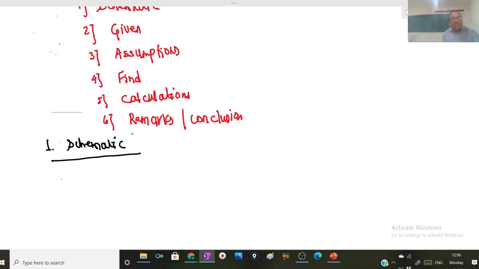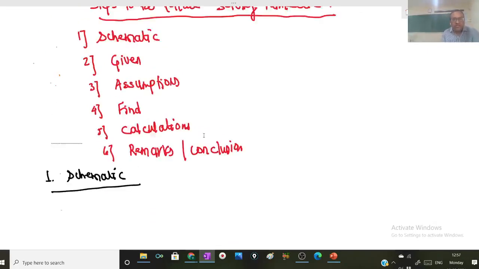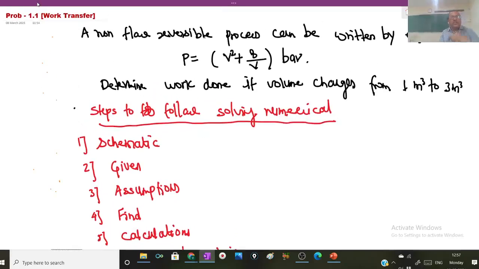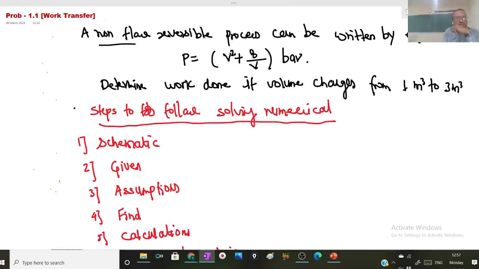Now, how will you draw the schematic in this problem? As the problem is saying, a non-flow reversible process can be written. So non-flow process is taking place in some system. Non-flow process means a process in which mass cannot cross the system boundary.